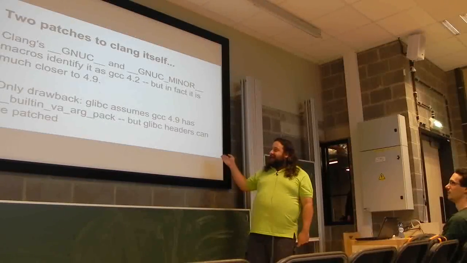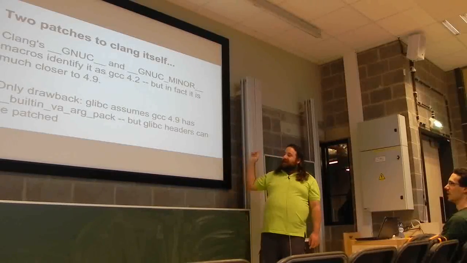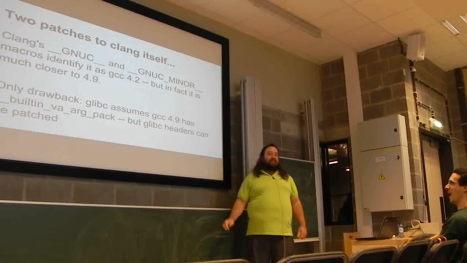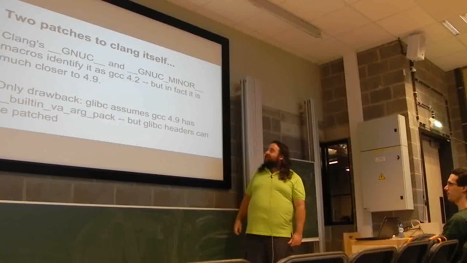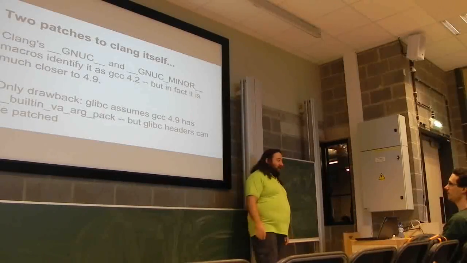So one problem we ran into is glibc assumes GCC 4.9 has built-in ar_pack, which Clang doesn't have. So we had to modify glibc headers to make that assumption only if GNU-C and GNU-C minor are defined to 4.9 and Clang is not defined.